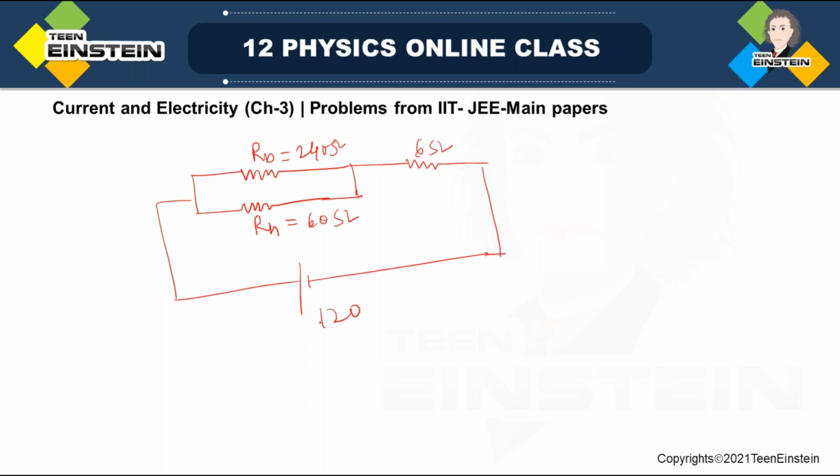This is the question now. What will be the voltage now? We can find the equivalent resistance for this, multiplication by addition: 240 times 60 divided by 300.